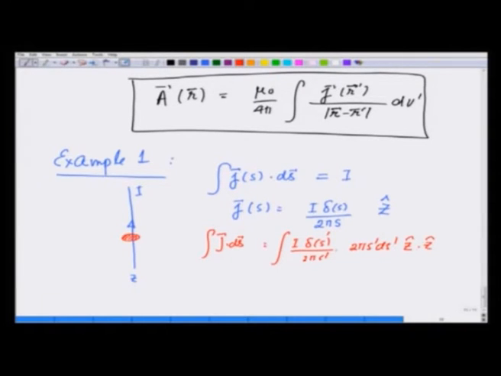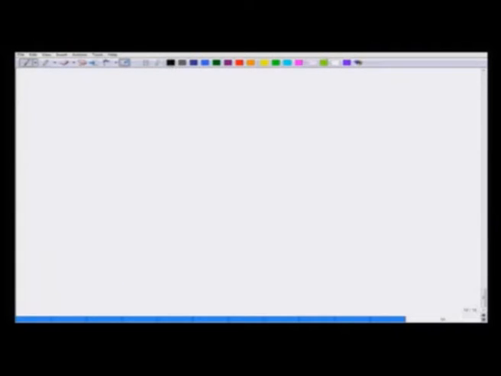The 2 pi s prime cancels with 2 pi s prime, and the integral over s prime gives me 1, and therefore, this is equal to I. So, I have got the correct current density. Let us then directly use this to calculate the vector potential. The vector potential A(r) is equal to mu naught over 4 pi integral J(r prime) over |r minus r prime| dv prime.